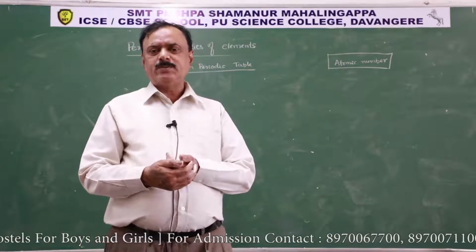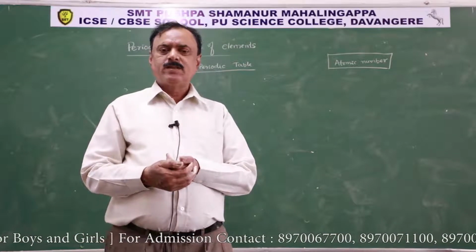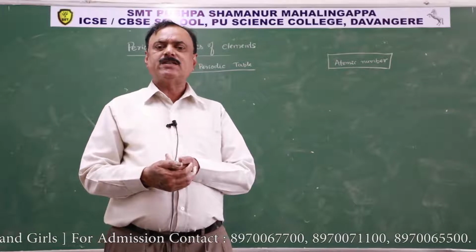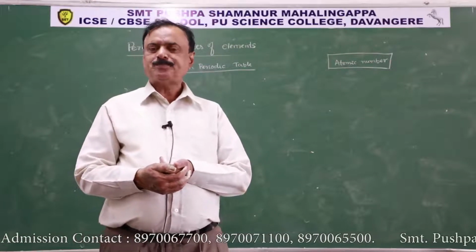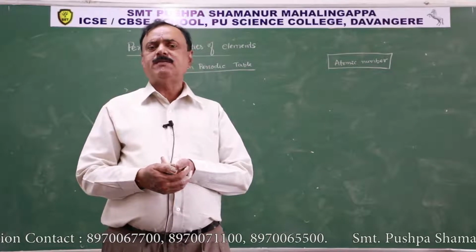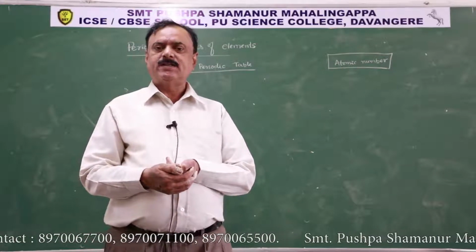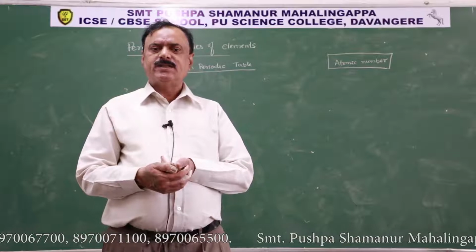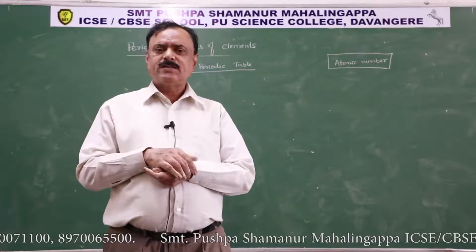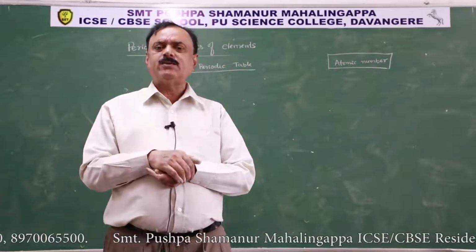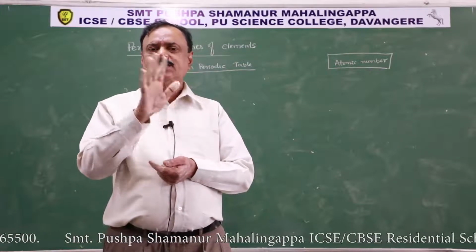F block elements usually possess a higher mass number, therefore their nucleus is not stable. They possess unstable nuclei. That is why they emit alpha, beta and gamma radiations and try to attain the nearest noble gas configuration. That is the reason why there are certain limitations. Only up to a certain extent that is true.